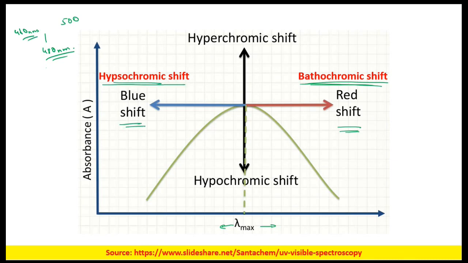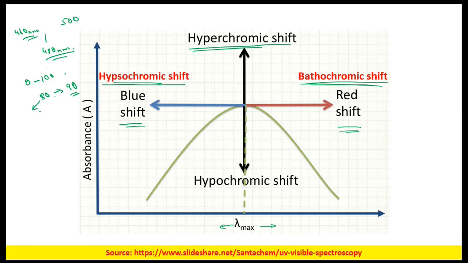Okay, and if the absorption is increased, suppose usually we measure it in the form of 0 to 100% absorption. So suppose your present absorption is at say 80%. If it increases to say 90%, then we call it hyperchromic shift.